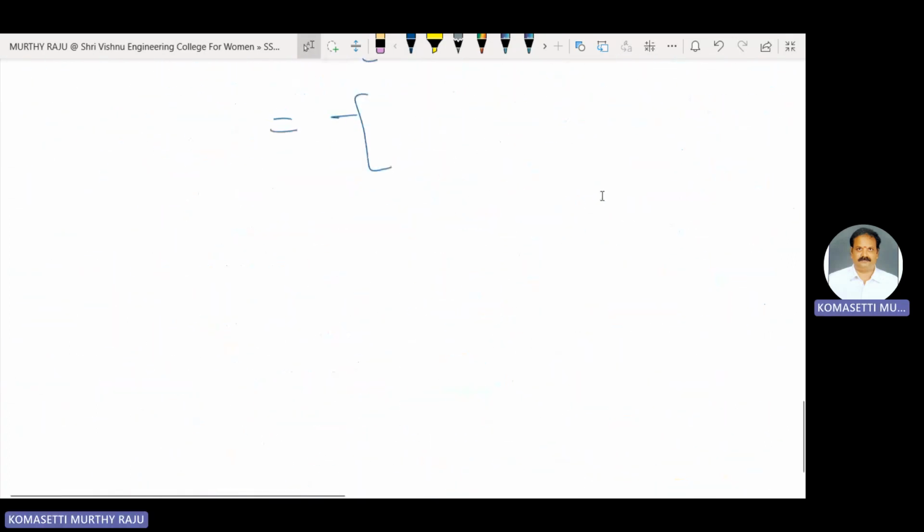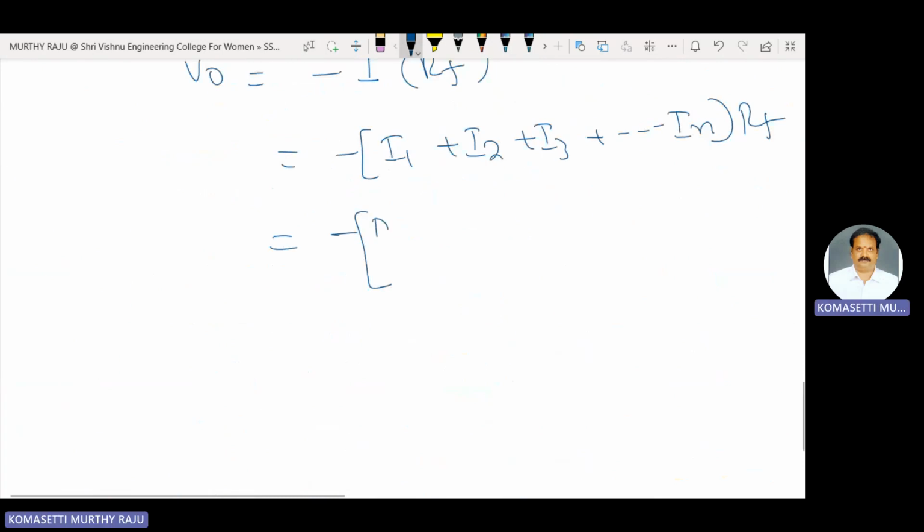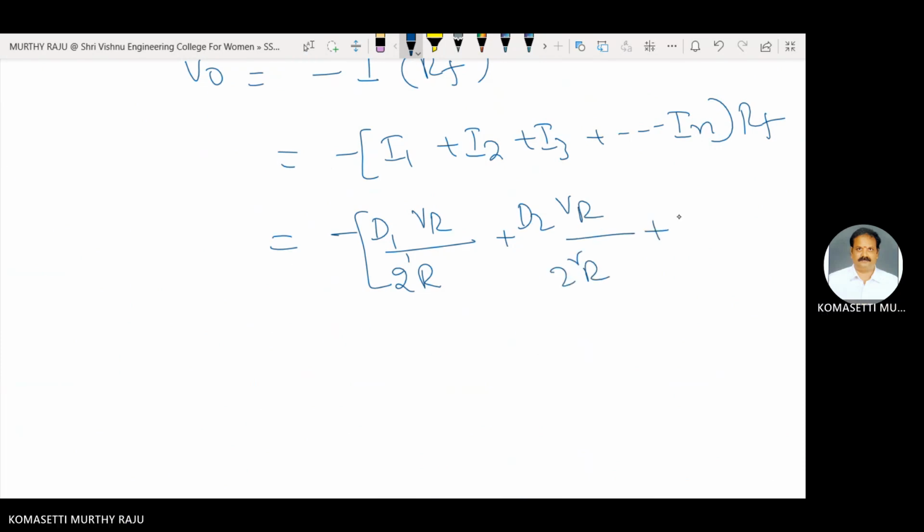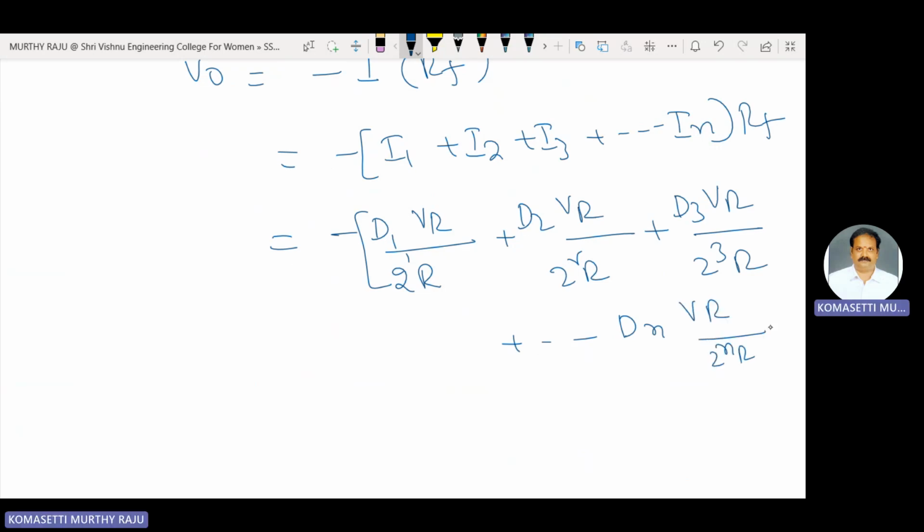Therefore, I1 is equal to D1 into VR by 2 power 1 R, I2 is D2 into VR by 2 square R, I3 is D3 into VR by 2 cube R, and so on and so forth, In is Dn VR by 2 power n R, into RF.